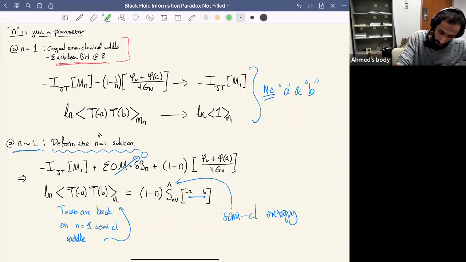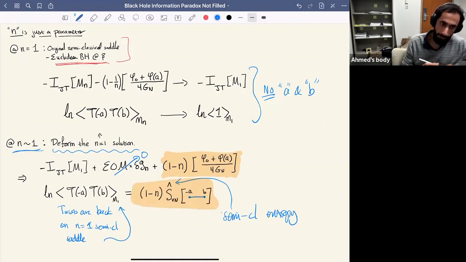The other upshot is that the only terms that depend on n are this term and this term as well, which will be important on the next slide.